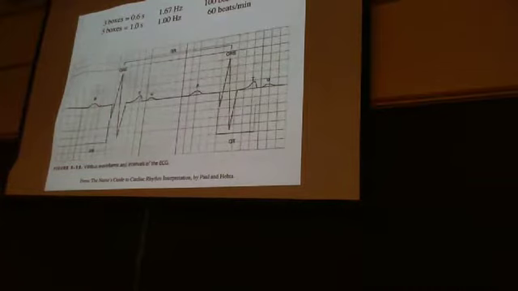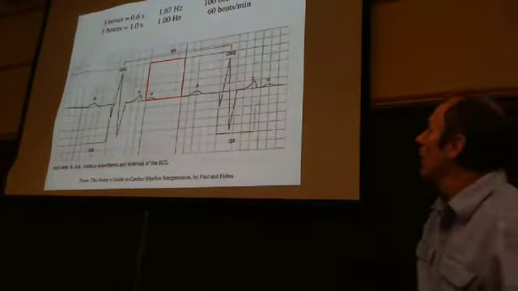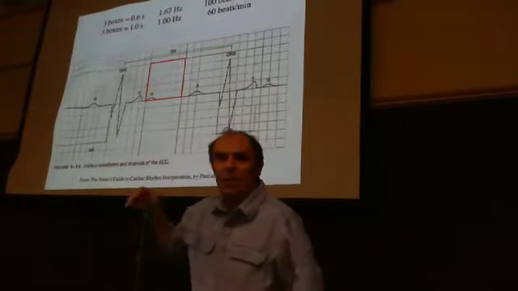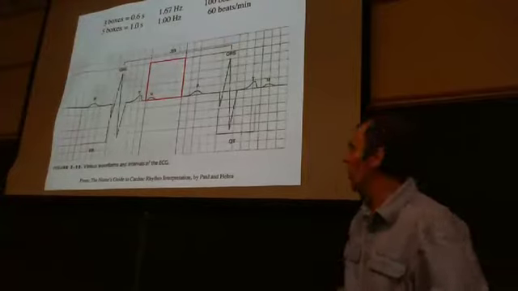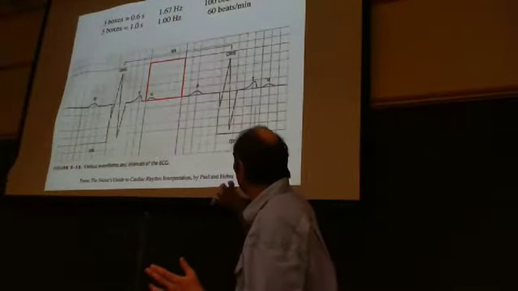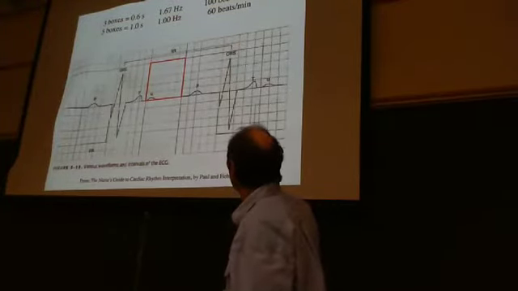For instance, what I call a big box is this thing here. This one has a U wave. Sometimes you can get strange waves. You can ignore U waves for what we're concerned about. It's not anything you need to worry about.